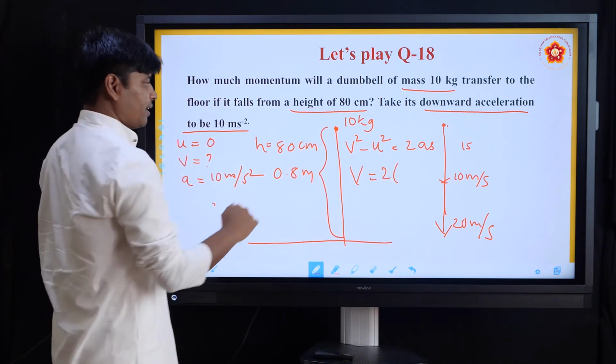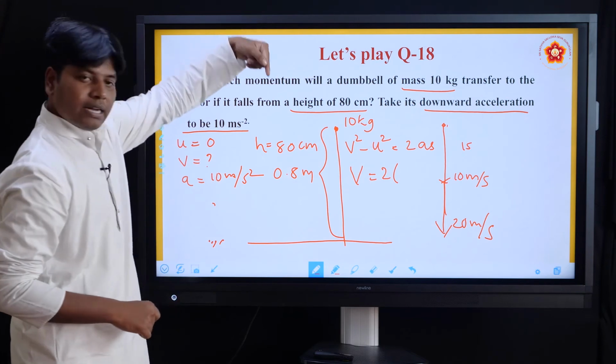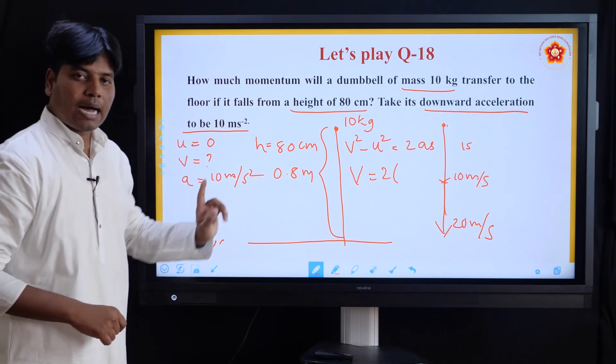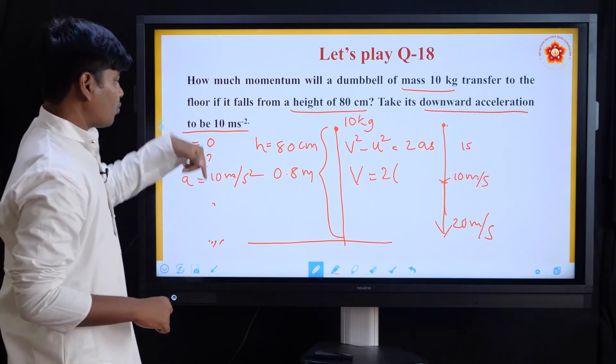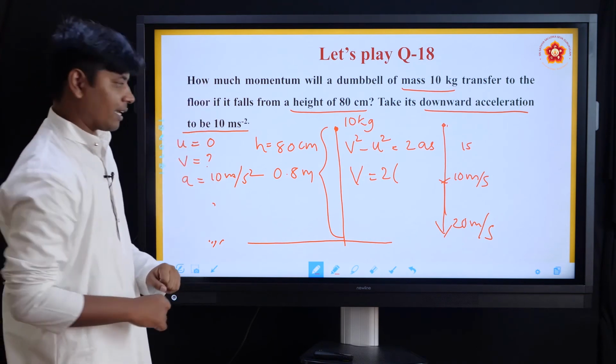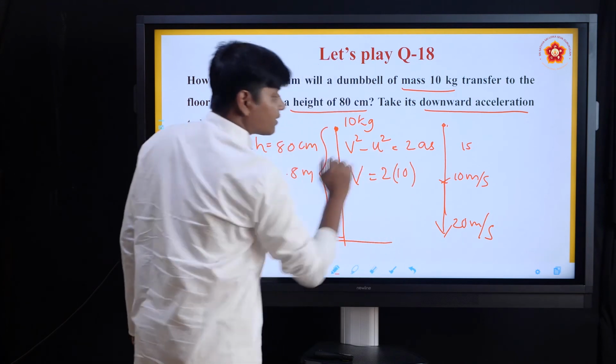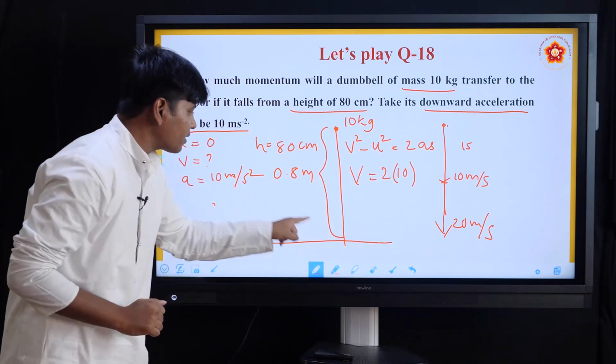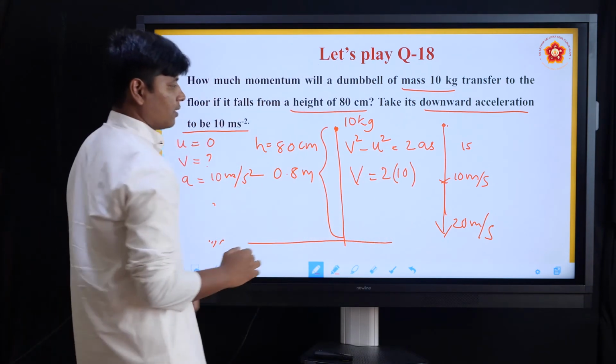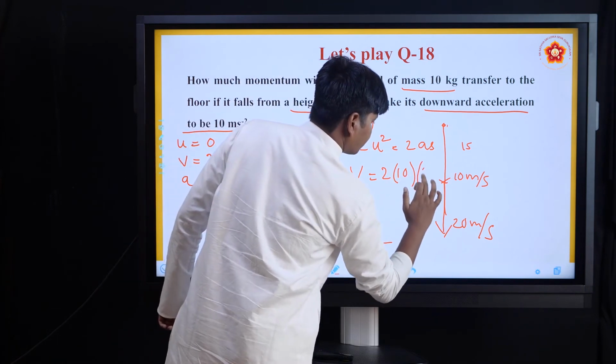v squared is equal to 2 into what is the acceleration given here? 10, right? So let us take downward as positive direction, upward as negative direction. So it will be plus 10 meters per second squared. And what is the distance from here to here? It is 0.8 meters.